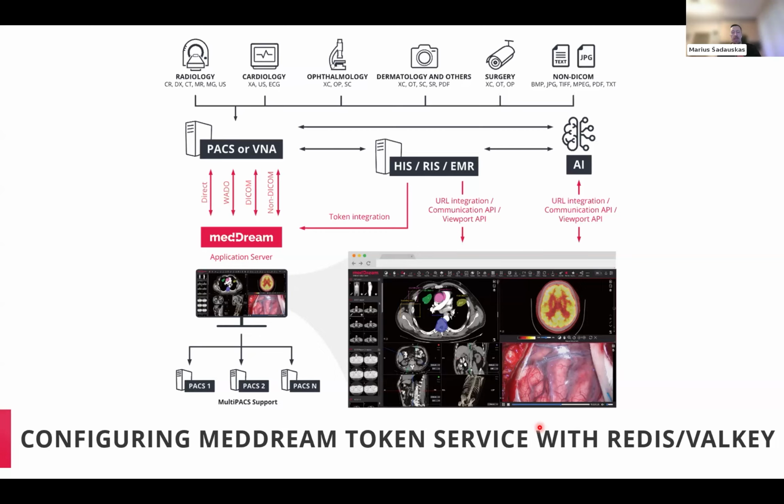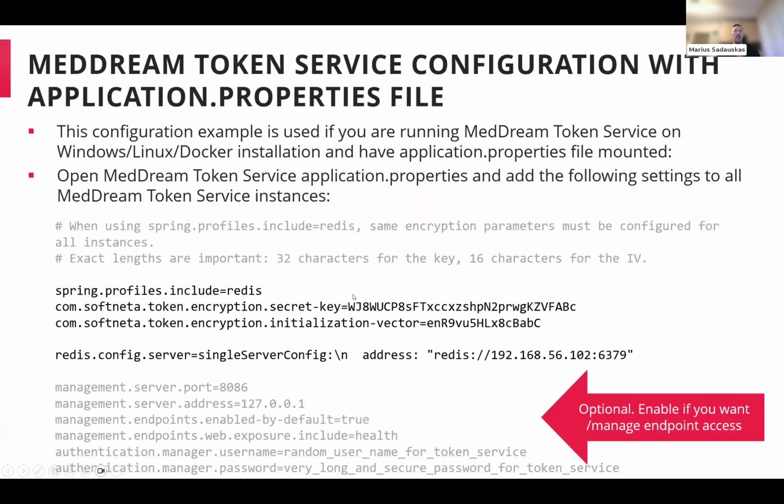The next step, if you are running the secure URL integration, you might want to use the token service with Redis or Valkey. For this, it is similar. If you are using an application properties file, you need to edit this application properties file just to include the profile.